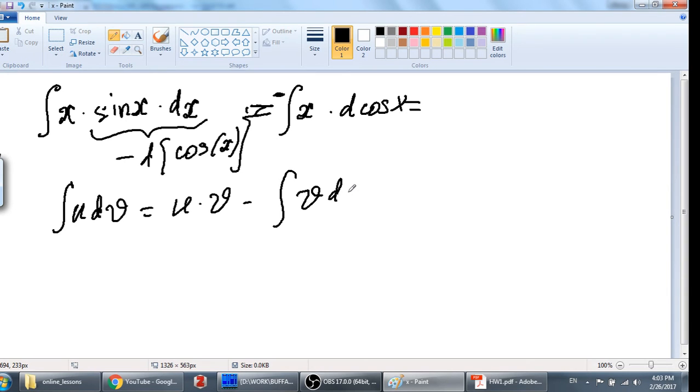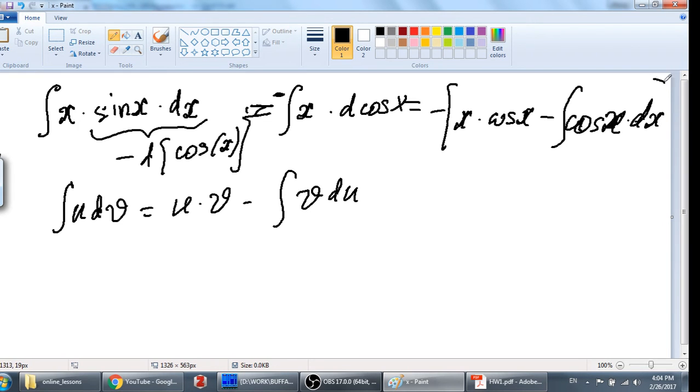Here's your u, here's your v, so you have u times v, which is x times cosine x, minus, and then you do the flip, so v, which is cosine x, d u, and u is x, so it's that thing.